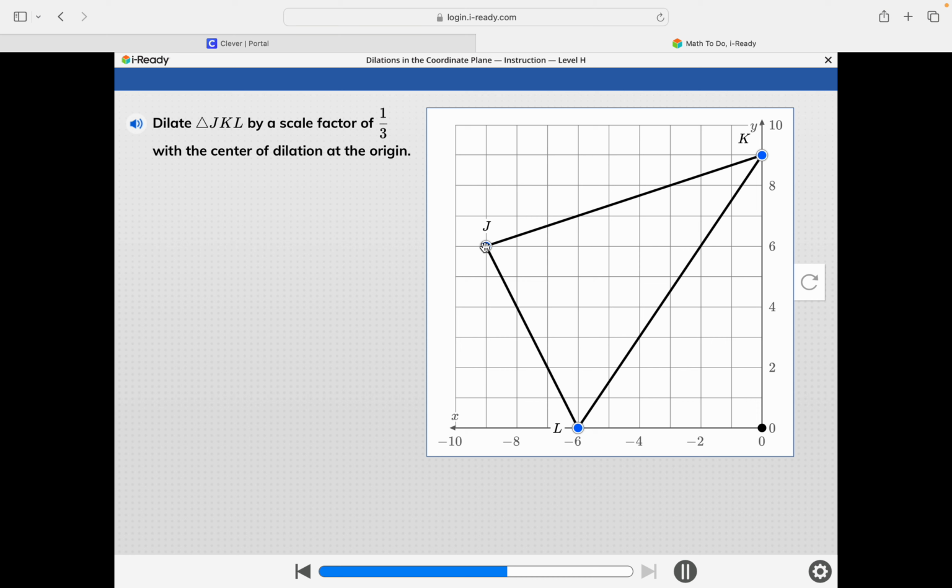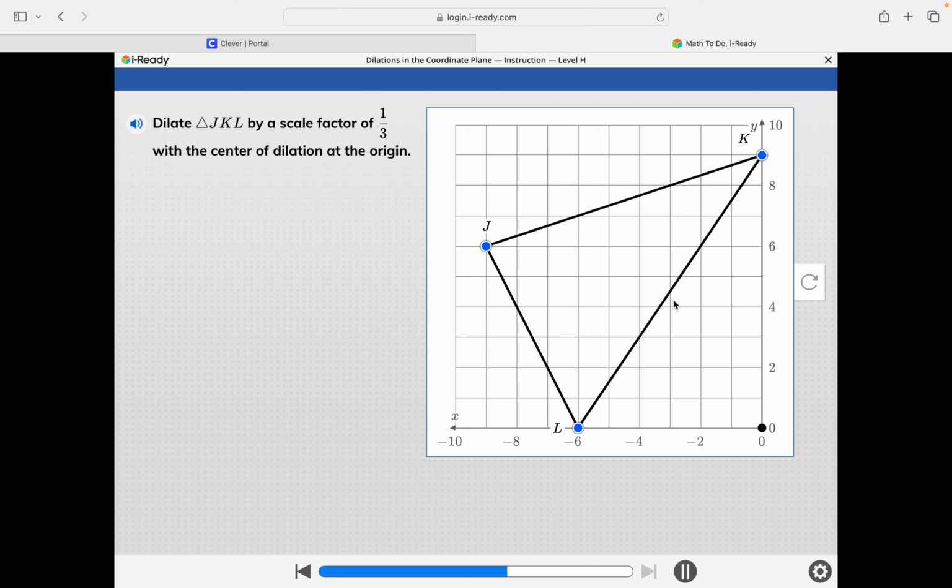There's no minus. Okay, now write down J prime equal to: x will be minus 3, and then y will be 2. Okay, that's correct.